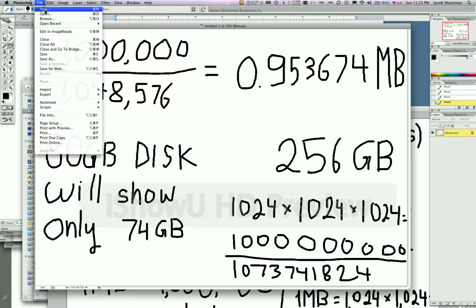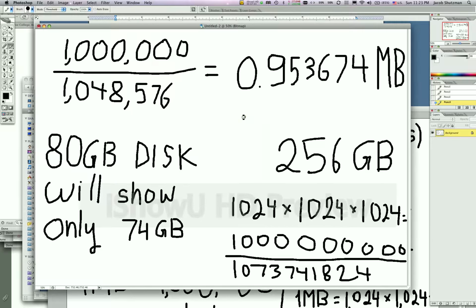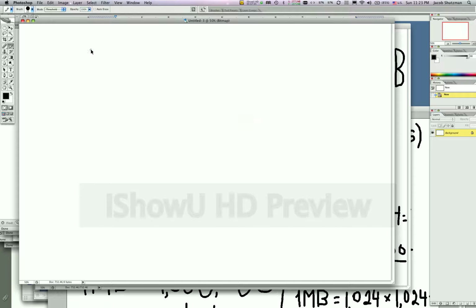So let's open a new page. So it's approximately 0.931.